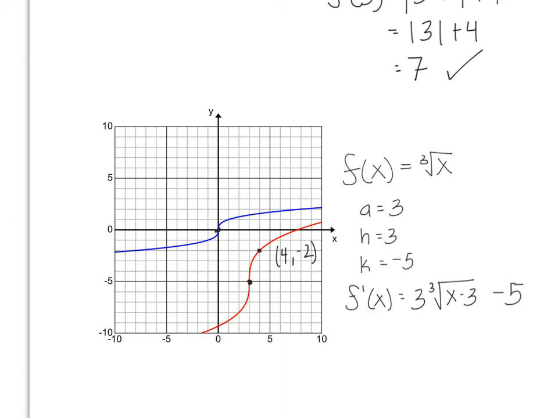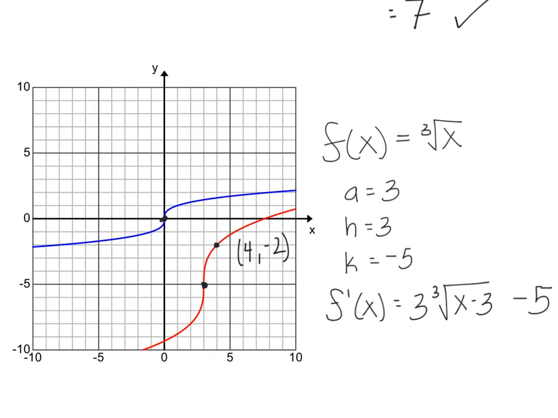Okay, so I figured out my A, H, and K. We looked at our worksheet 120 to figure out, oh, it looks like an S. So that's my cubic root. So it's the cube root of x is my parent function. Now the a is the tricky part, but if I look, I'll do it in green here.